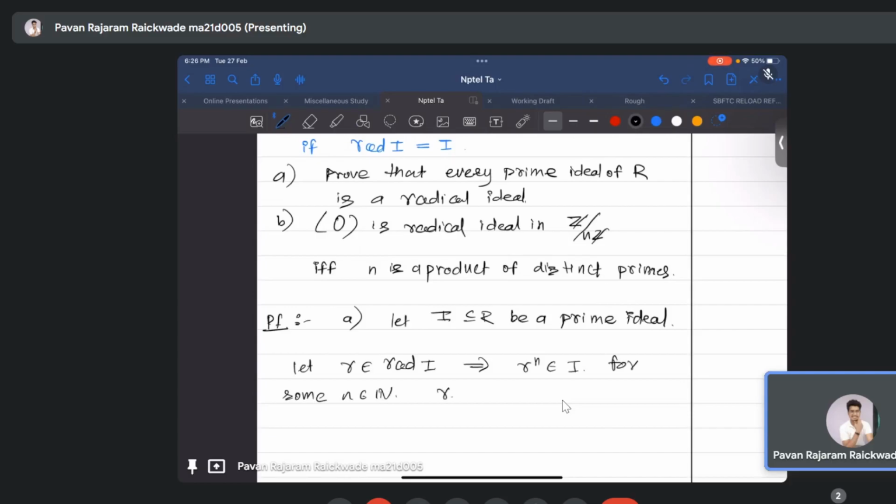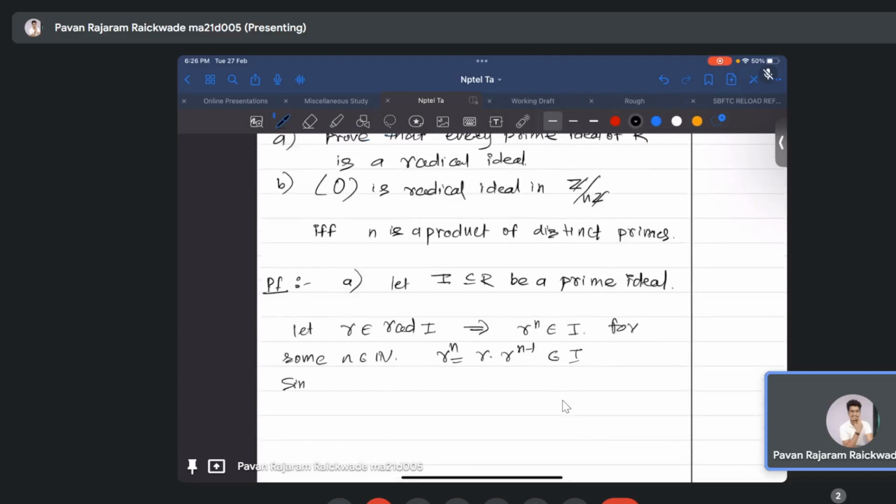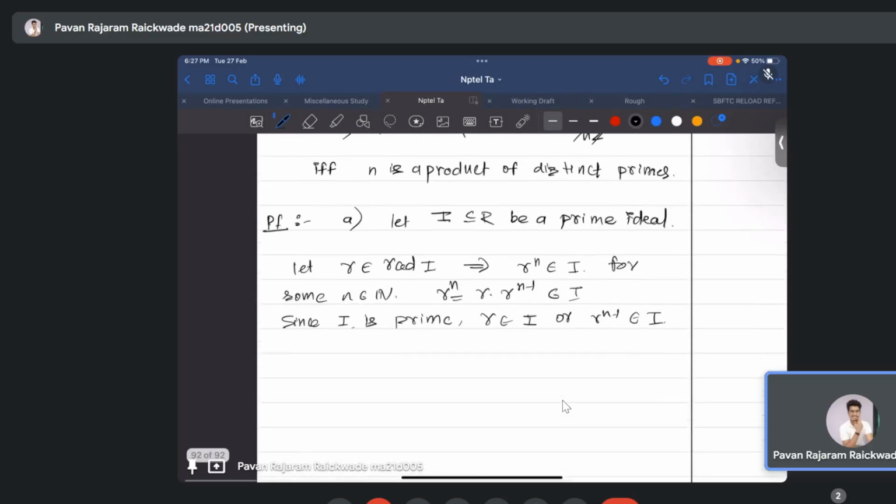So I can write r to the n as r times r to the n minus 1. Since I is prime, you get r belongs to I, or you get r to the n minus 1 belongs to I. Right? So if r belongs to I, we are done.